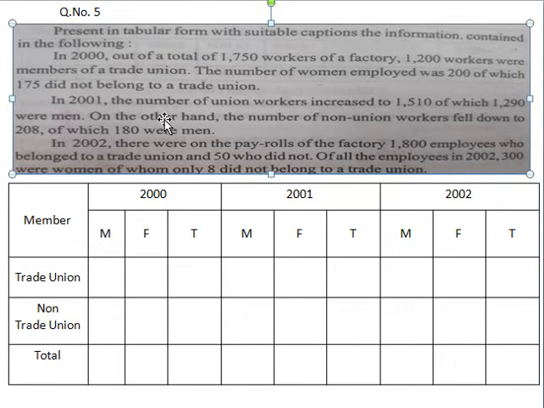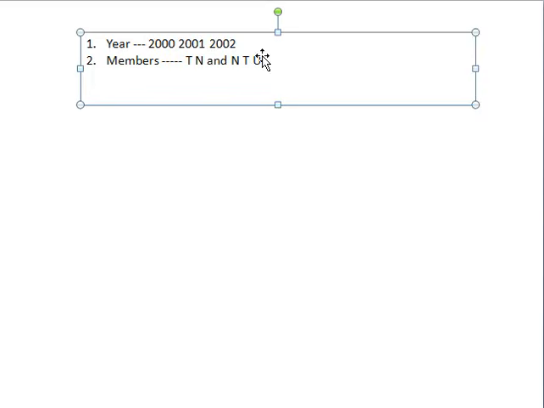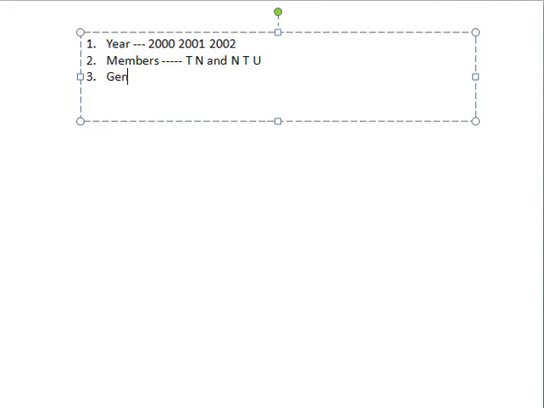In 2002 the workers increased to 1510, of which men are 1290. So the third variable is men and women, meaning gender. In gender, men and women, male or female.